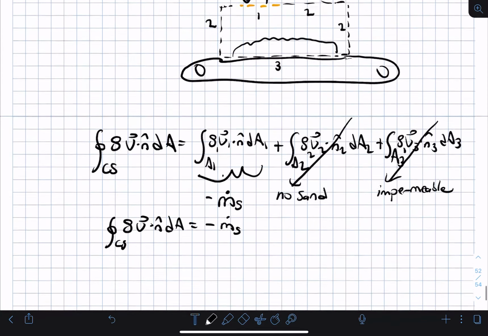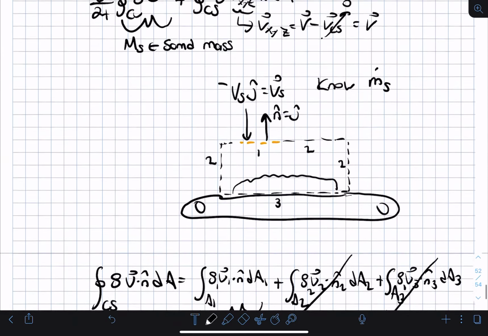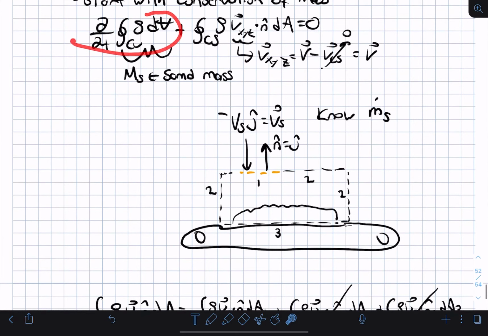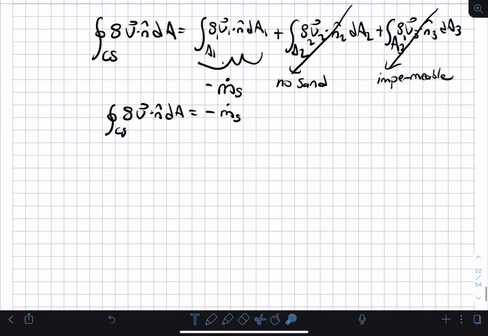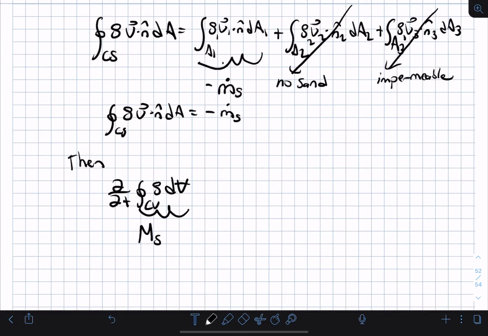Then we do have this other integral here, so I will work with that. Just note that the integral of rho dV is just the mass inside of the control volume. So then partial t of the volume integral of rho dV equals the mass of the sand plus the mass of the air, and we'll assume that this is small, so that goes away.